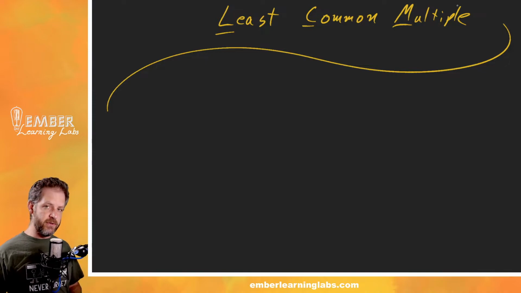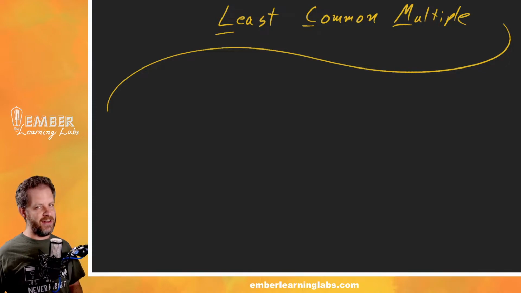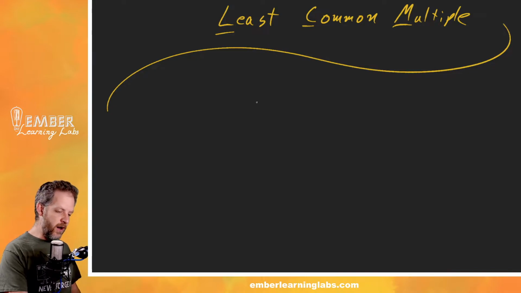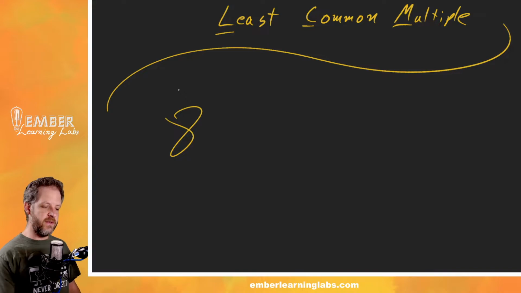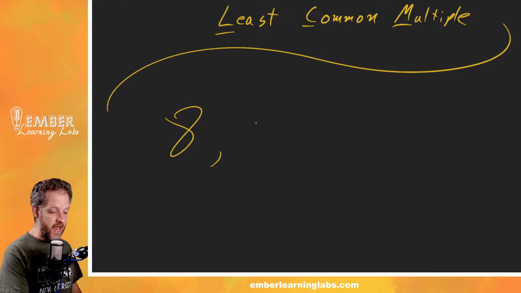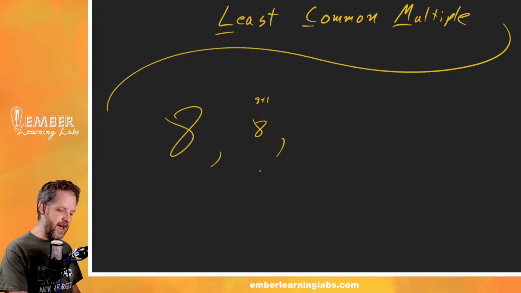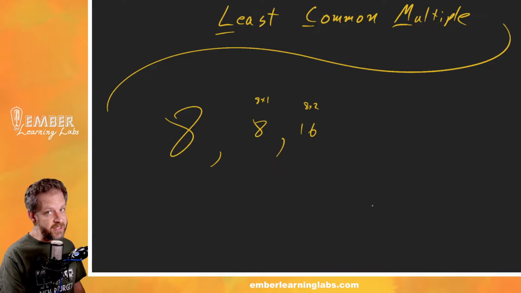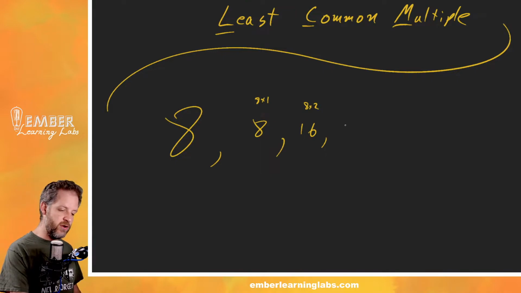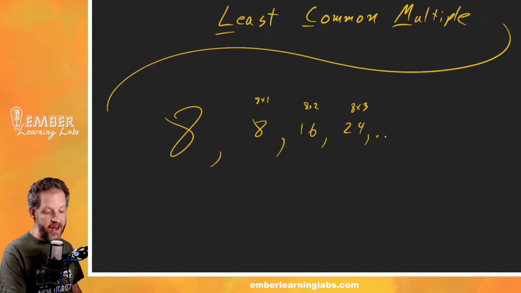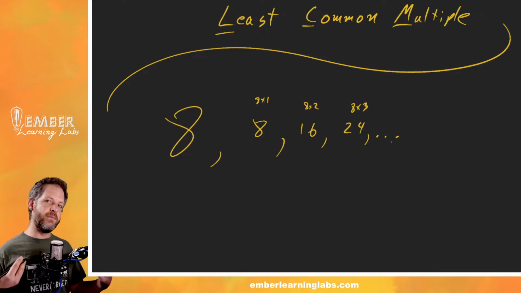Multiples are kind of the opposite of factors. So what are the multiples of the number 8? Well, the multiples of 8 are 8, because 8 times 1 is 8, and 16, because 8 times 2 is 16, and then 24, because 8 times 3 is 24, etc. Those are what multiples are.